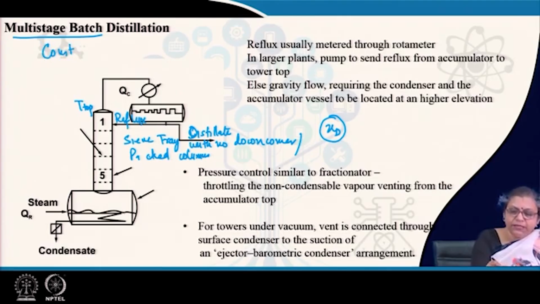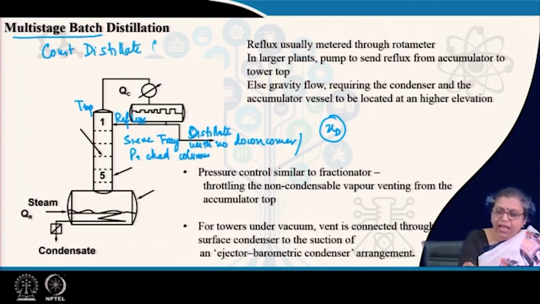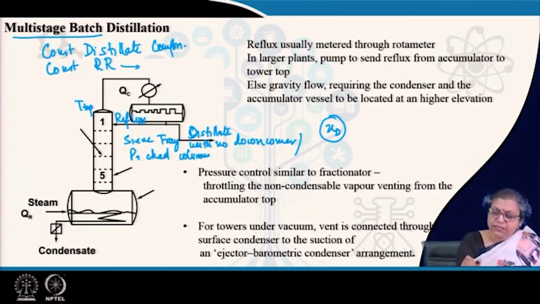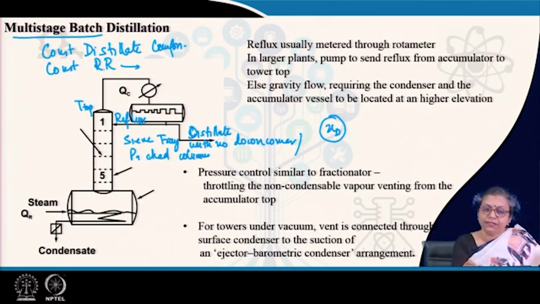It can be by keeping the distillate composition constant and varying R, or by maintaining a constant reflux ratio where the distillate composition varies. This is easier to do, and the former is practiced only when there is a strict specification on the distillate composition.